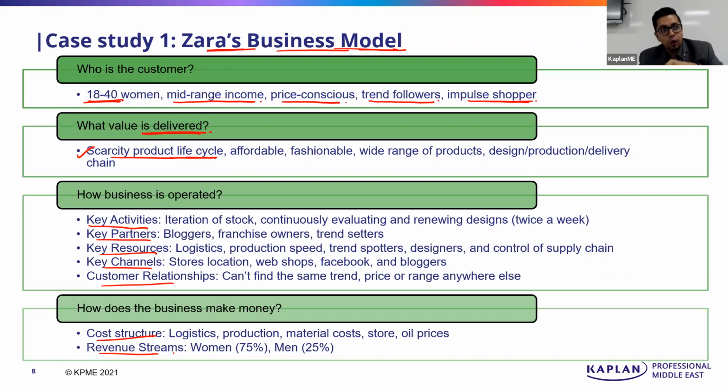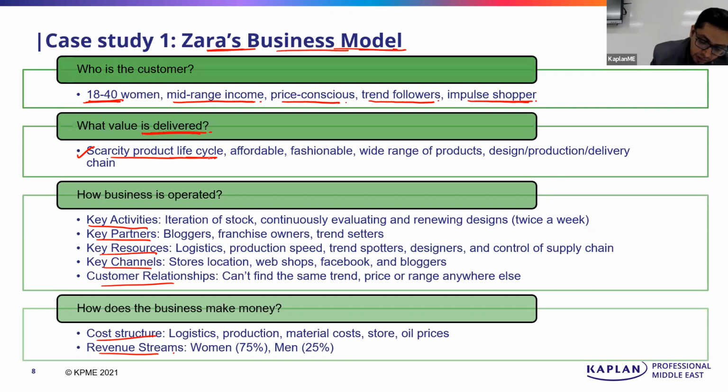But with Zara, because new designs keep churning in, an average customer comes to the Zara store 17 times, because they do not want to miss out on the latest trend, right? It's not that the trend gets over, it's just that the design is over, and then they bring up new designs.